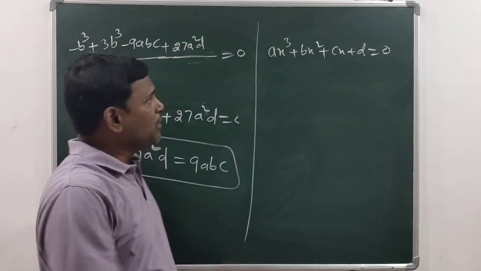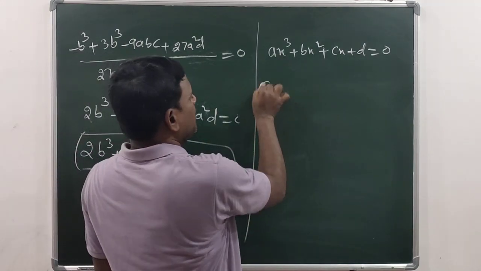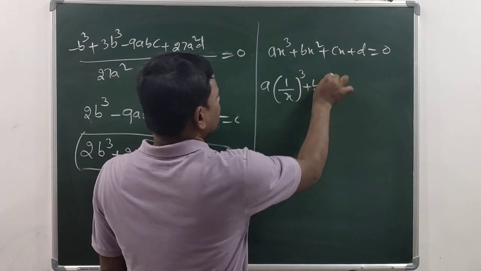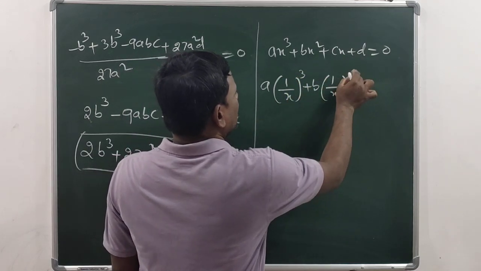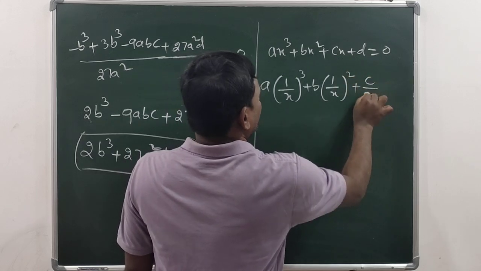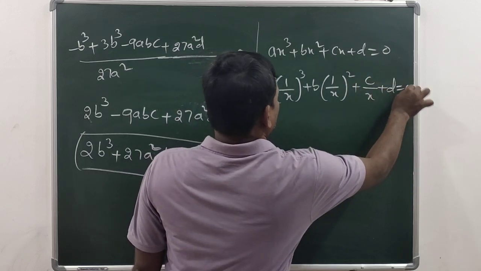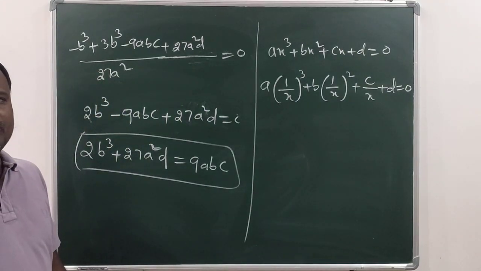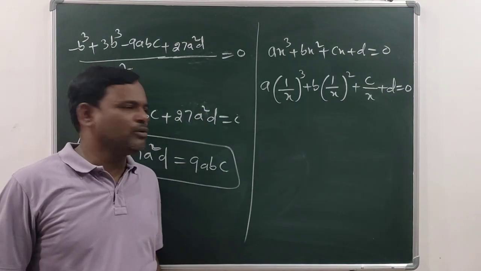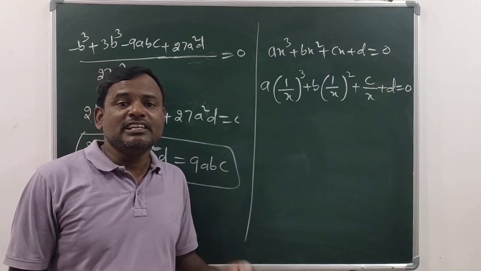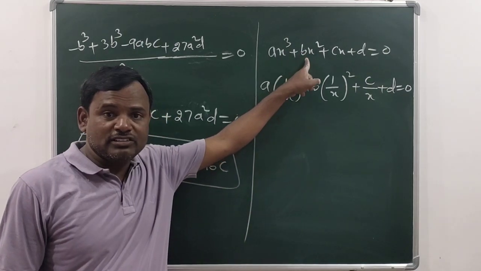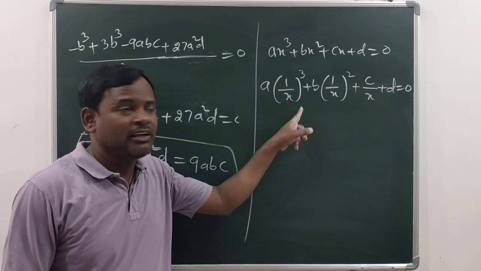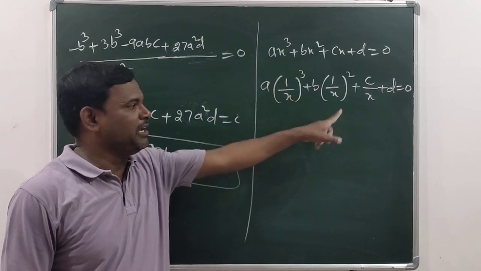If you replace x by 1 by x in the whole equation, then we will get one new equation whose roots will be in AP. Actually, what we are going to write here is the condition for the roots of this cubic equation if whose roots are in harmonic progression. But here what I am doing is I replace x by 1 by x.